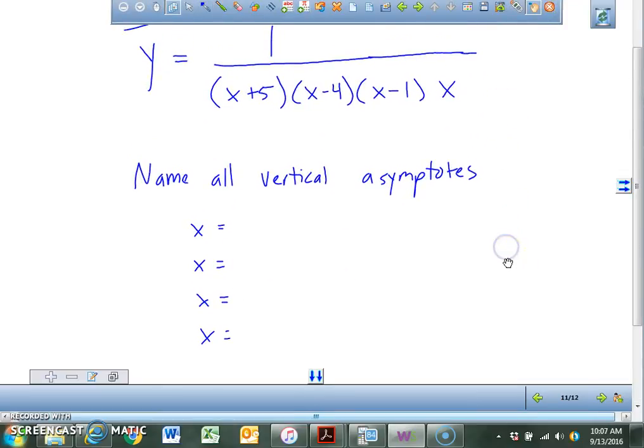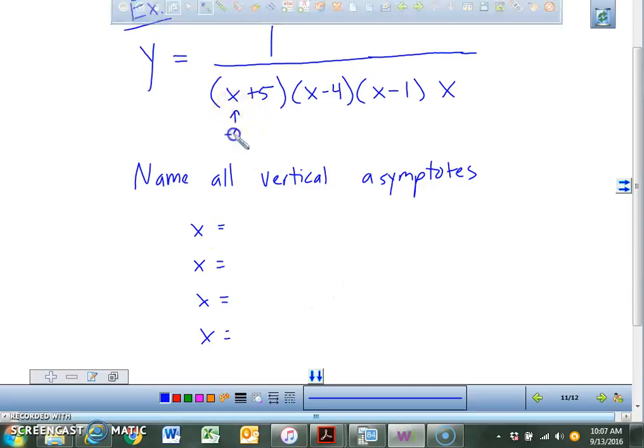Does somebody want to give me just, not all 4, but just one of them? -5. -5, yes, right here, if I plug in a -5, that would make that whole denominator equal to 0. Changing colors. What's another one? 4. Right here, because 4 minus 4 makes that whole thing equal to 0. 1. 1 is correct.